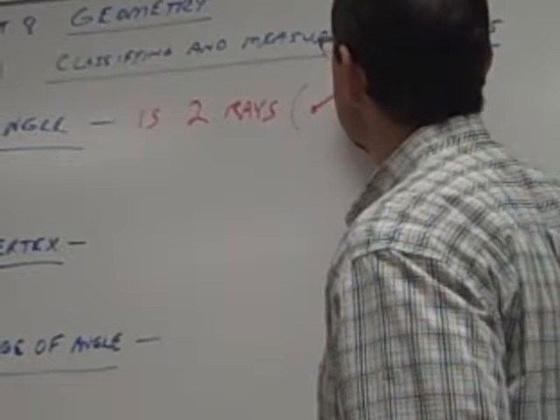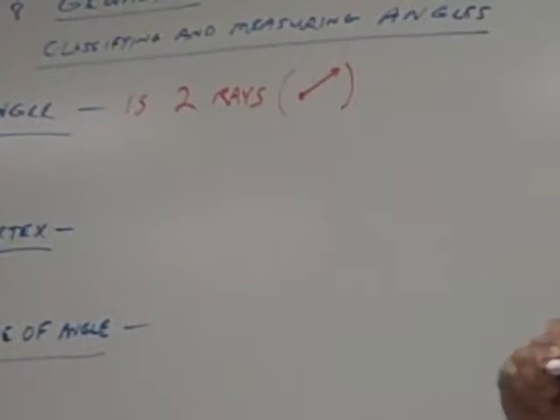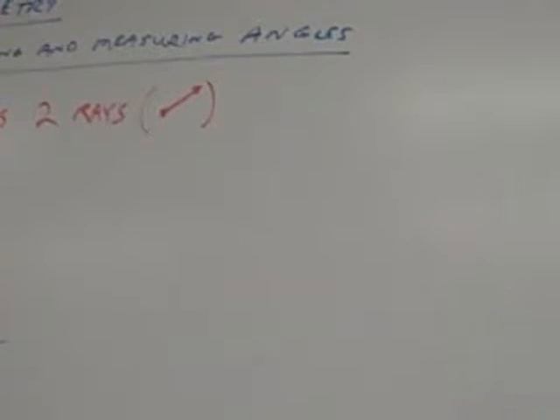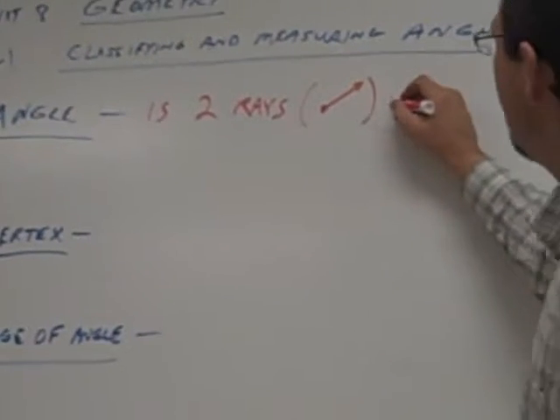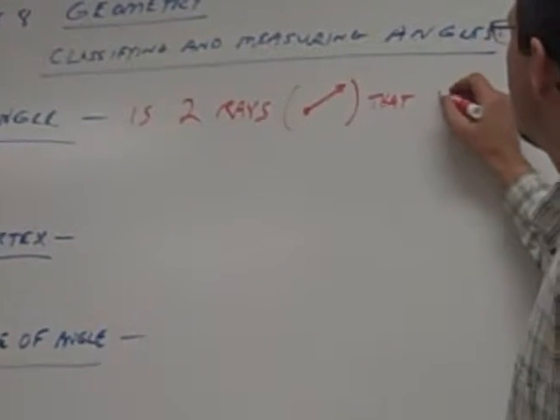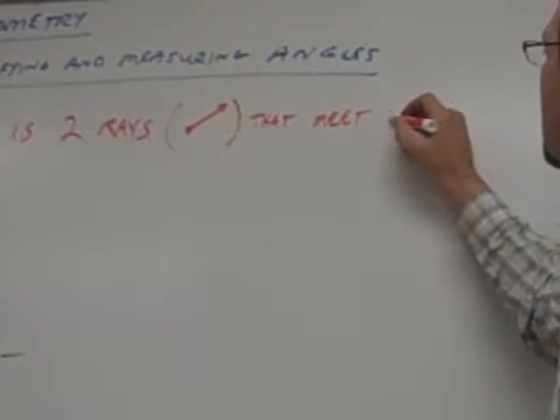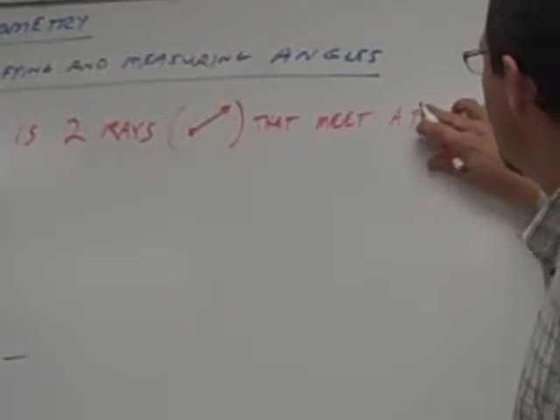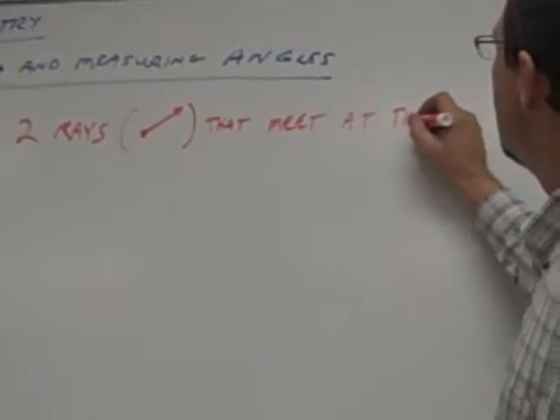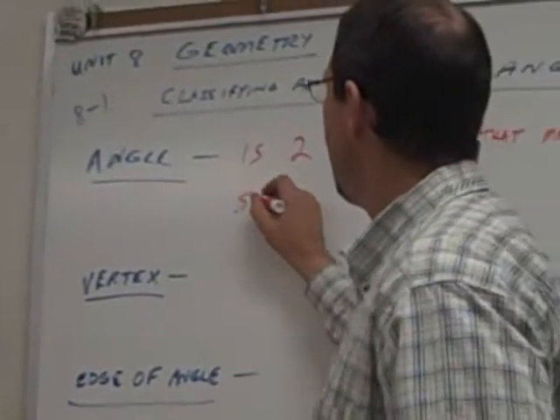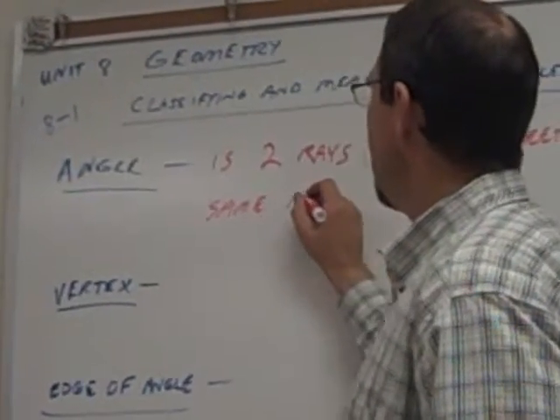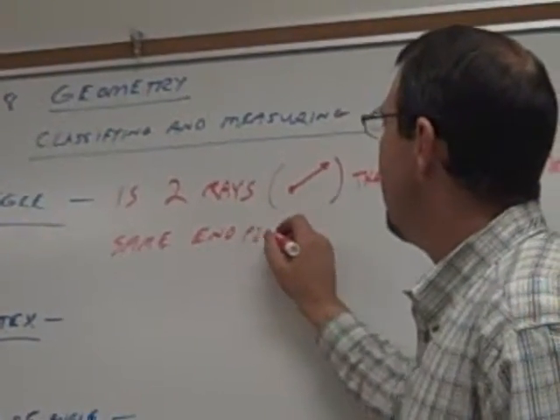A line. We learned this last year. A line that keeps going in one direction and has an end point on the other. We're going to take two rays that meet at the same end point.